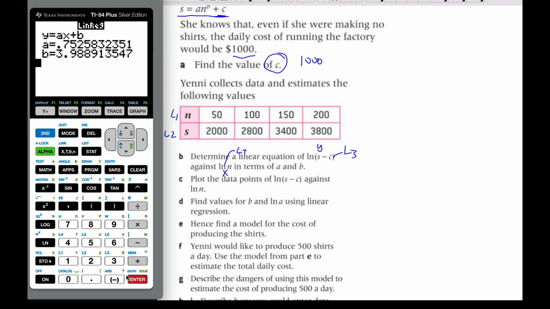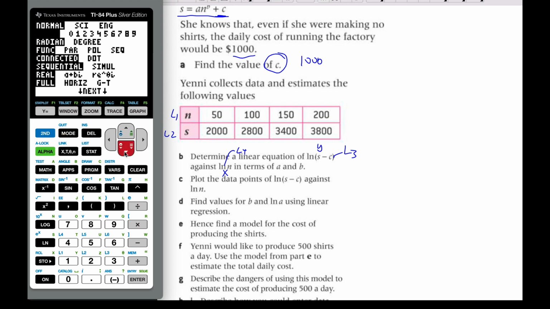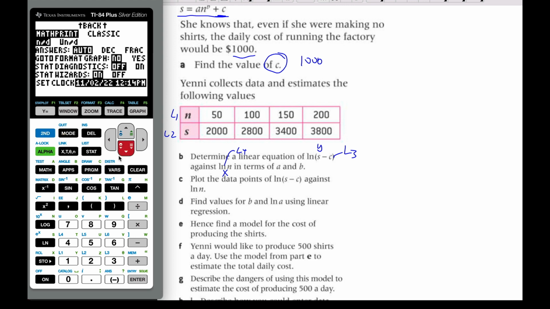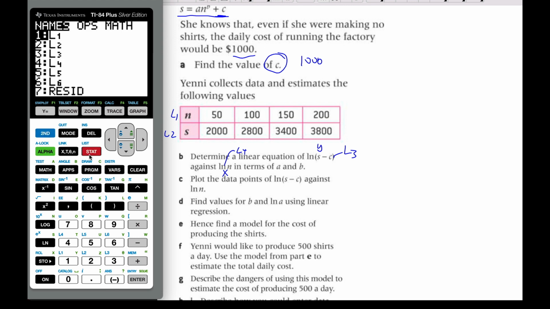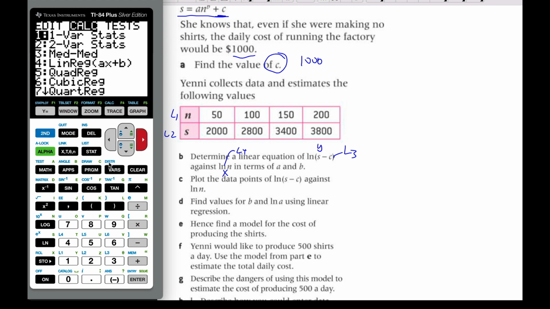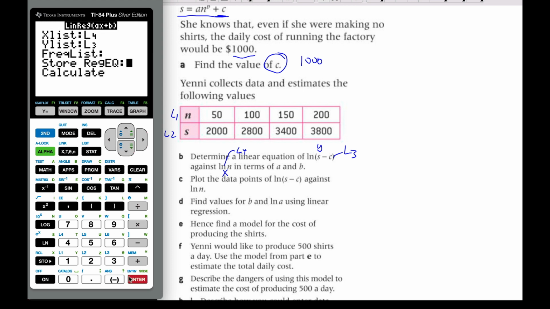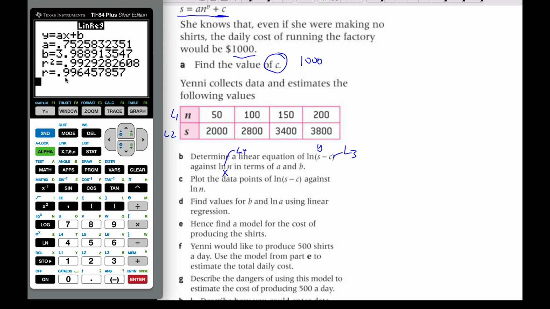I'm going to do it again, and check my R value, so I'm going to turn my statistics diagnostic on. I can see the R value is 0.99. It fits really well.